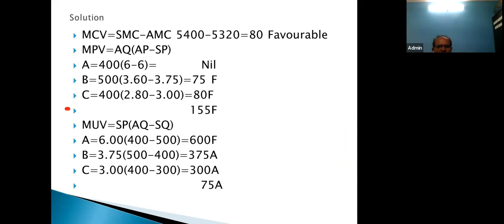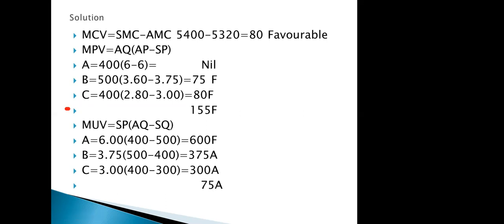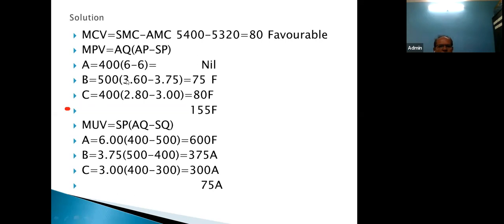Actual price 3.60. Standard price is 3.75. Just now we have seen the equation part. So if you take the difference of 3.60 and 3.75, the difference is 0.15. Right? 0.15 is the difference. So 0.15 multiplied by 500, because this is a mathematical property.